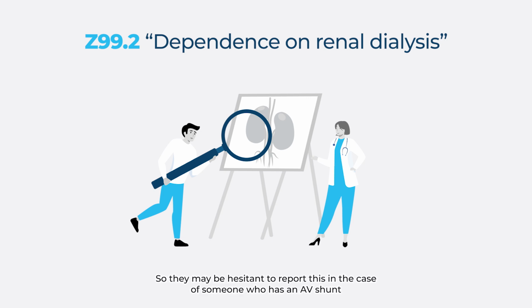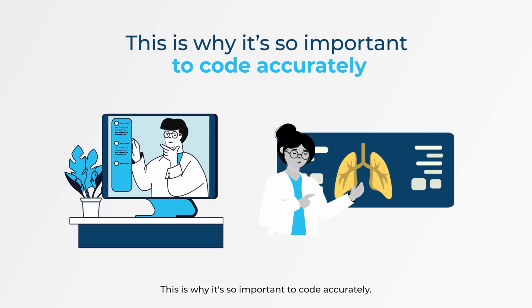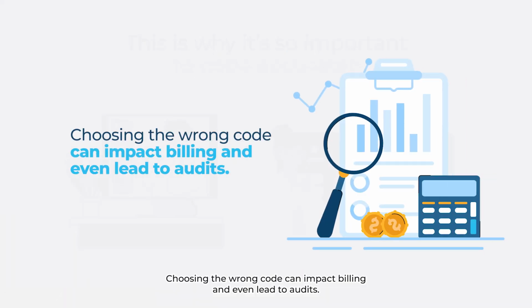So they may be hesitant to report this in the case of someone who has an AV shunt but has not started dialysis yet. However, Z99.2 would be the correct code to document the presence of an acquired AV shunt placed for dialysis. This is why it's so important to code accurately. Choosing the wrong code can impact billing and even lead to audits.